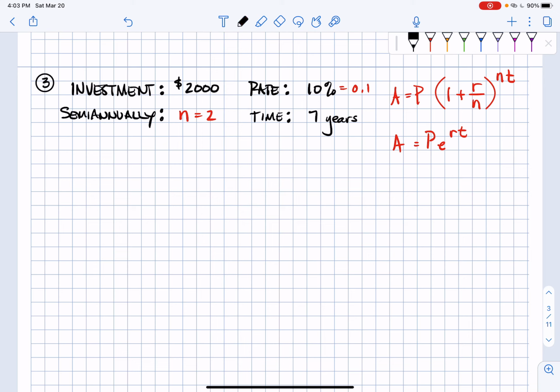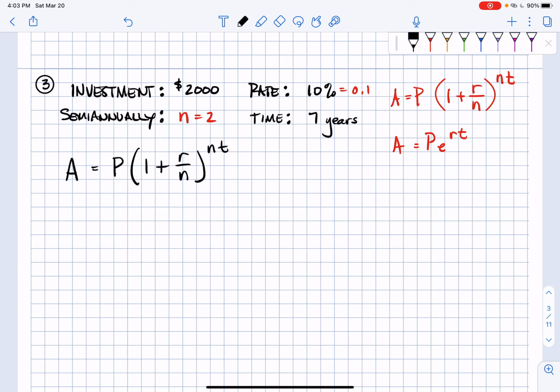So we're using the very first one, so A, which is the final amount, is equal to P, the principal, times 1 plus r over n raised to the nt power. All right, so that's what I'm looking for, is what the final amount is. So my final amount is A still. My principal, which is my investment, is $2,000 times 1 plus the rate 0.1 over n, which is 2.